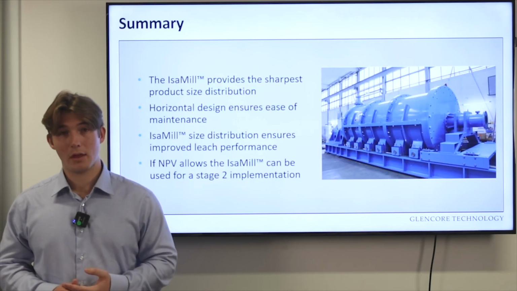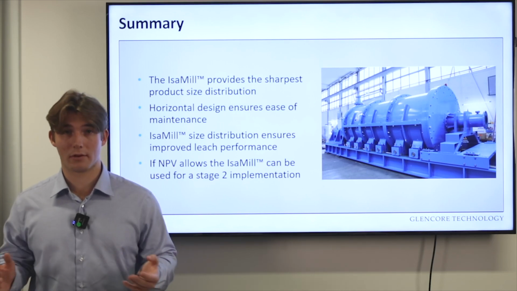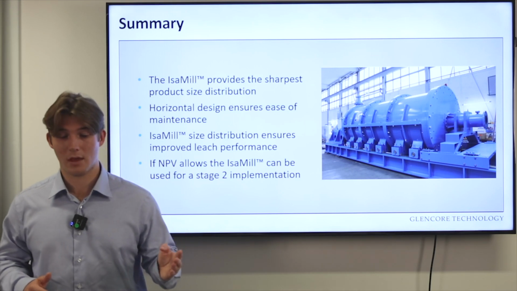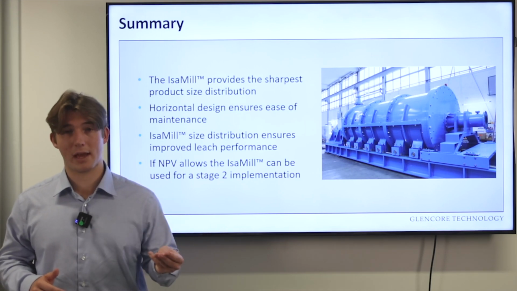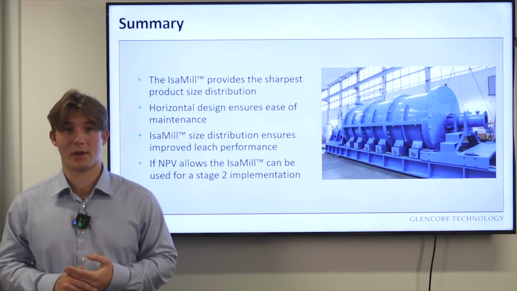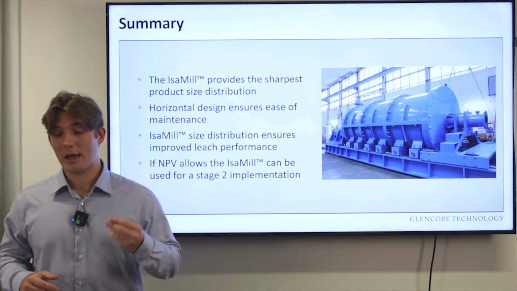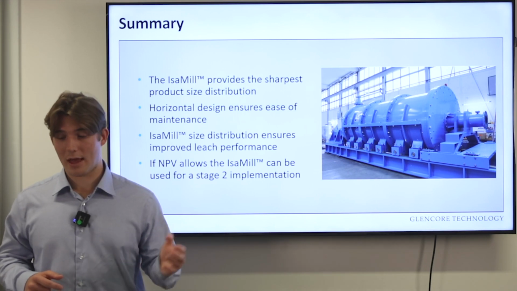In summary, the IsaMill provides the sharpest product size distribution out of all other grinding technologies due to its own internal classifying mechanism. The horizontal design of the mill ensures ease of maintenance and greater safety for anyone working in and around the mill. And as we've demonstrated, leaching is impacted by the sharpness of the size distribution.